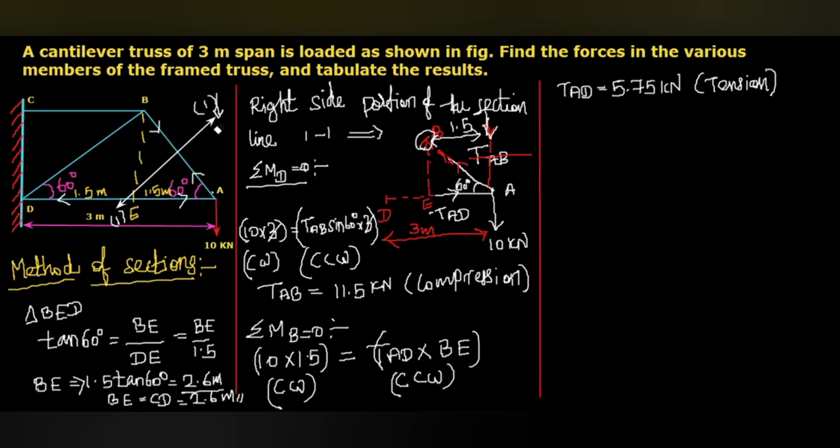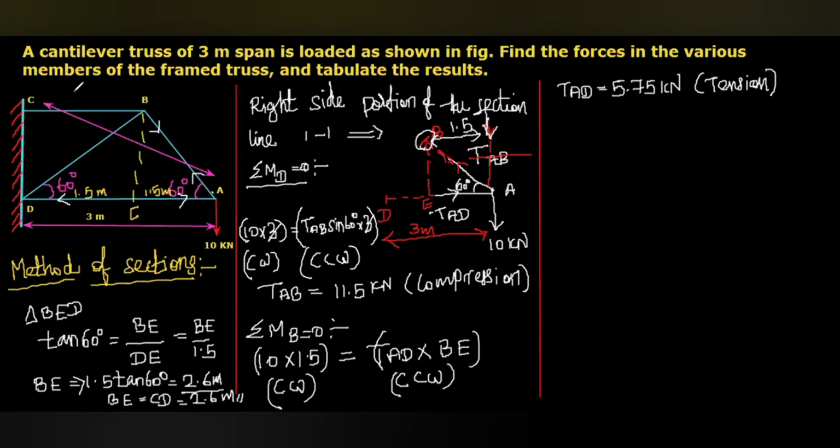To avoid the confusion, I just erase the section line 1-1. Here I'm going to draw another section line which passes through BC, BD and BA like this. So this is the second section line, section line 2-2.